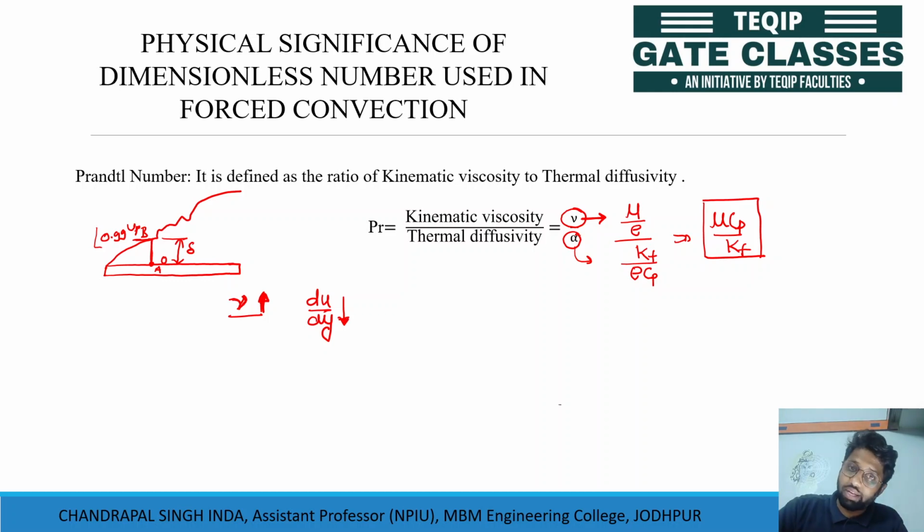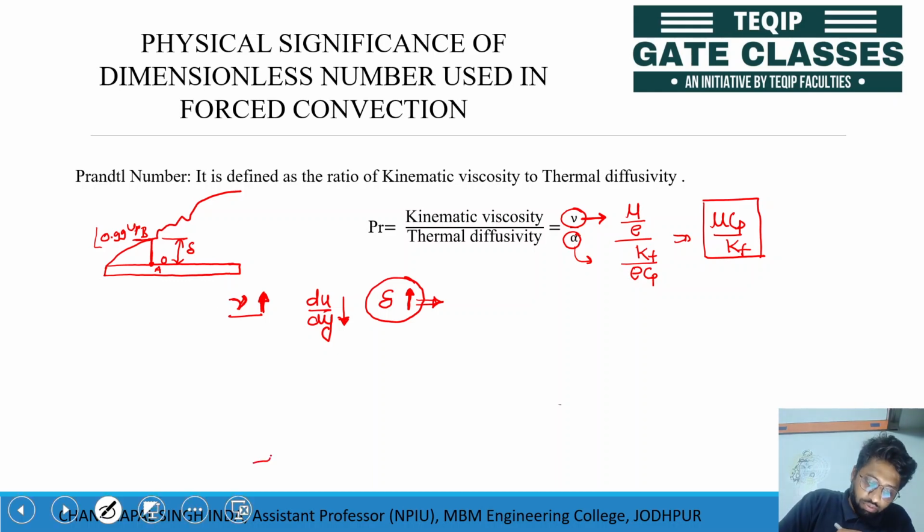As du by dy decreases, the boundary layer thickness increases, as the boundary layer thickness is the region where the velocity reaches 0.99 times u infinity. So as the kinematic viscosity increases, the value of boundary layer thickness increases.